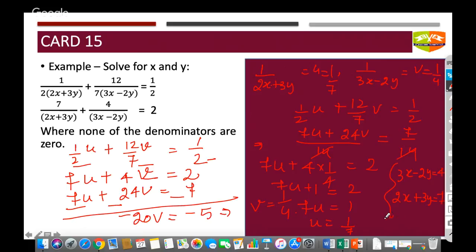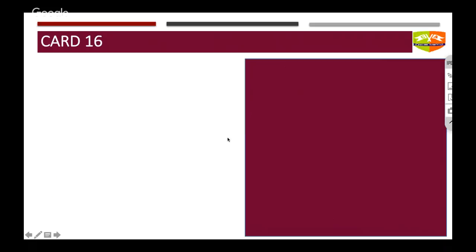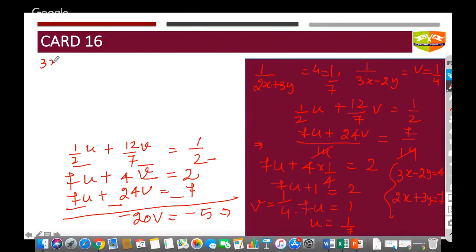Now I need to solve these two equations to get the value of x and y. So let me go to another slide. What I get over here is 3x minus 2y is equal to 4, and 2x plus 3y is equal to 7.